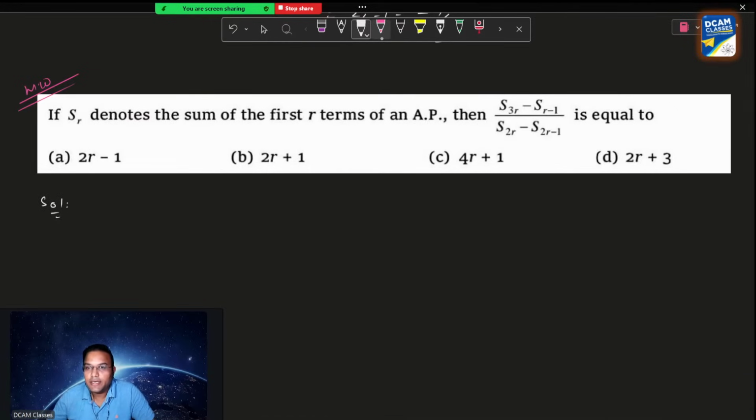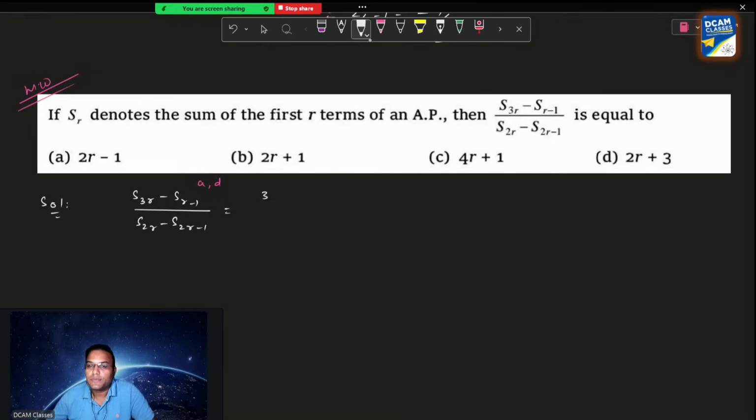They have said S3R minus SR minus 1 by S2R minus S2R minus 1, right? So S3R, take the first term as A and the common difference as D for both.